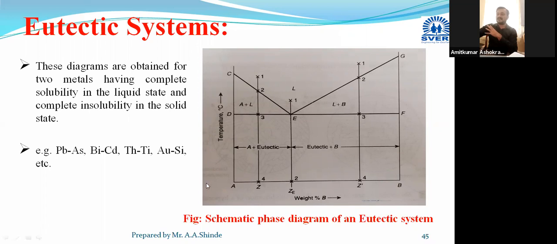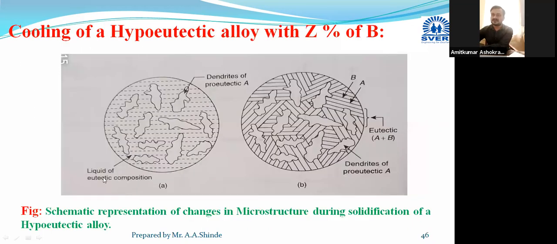Then in region 3 to 4, element A and a mixture of A and B in the form of eutectic will be there. How this will be shown in the diagram, I will highlight here. In region 1 to 2, only liquid will be there. Just draw one round, and this dotted portion will be there.